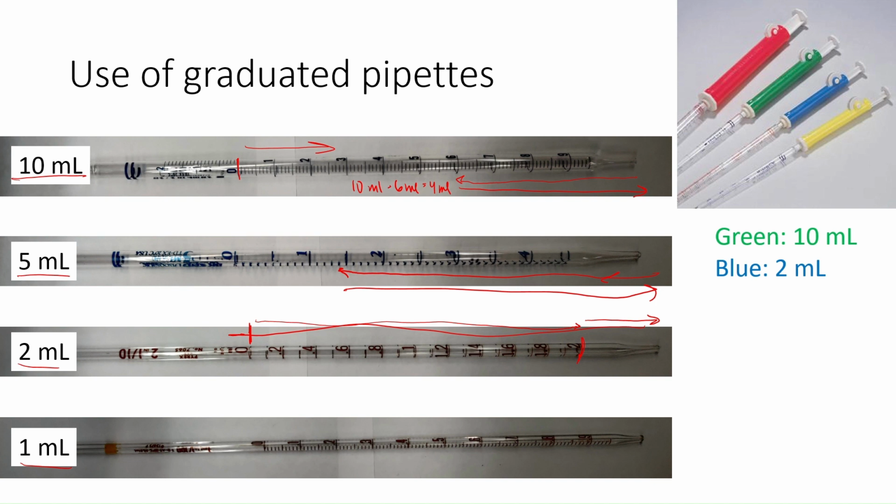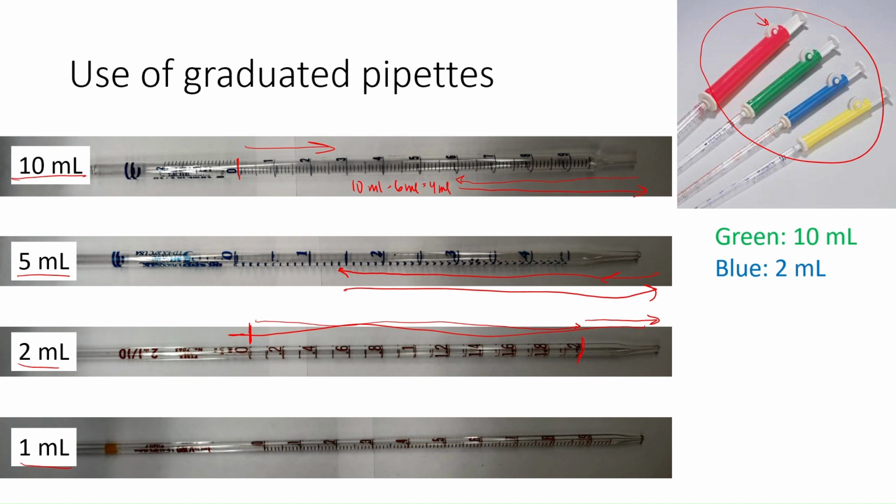To actually draw liquid up and dispense liquid out of these graduated pipettes, we'll be using these thumb wheel dispensers for our pipettes. The different colors correspond to different sizes, and just like the name suggests, you use your thumb to roll the wheel. If you roll the wheel upwards, that will pull air or liquid up through the pipette tip, and if you roll the wheel downwards, you will dispense liquid out of the pipette.